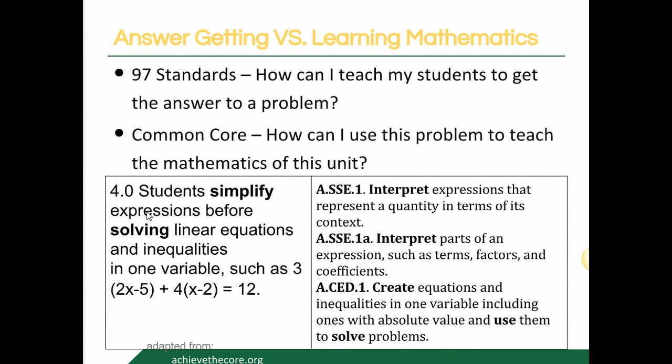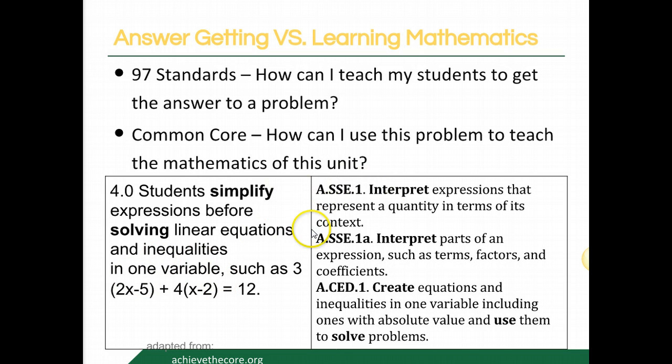There is a definite shift in word choice. 97 standards are much more on an approach, a way to do the problems. Now the standards use more verbs. As we look at this sample here from 97, on the left-hand side is a 97 standard about students simplifying expressions before solving linear equations and inequalities in one variable.